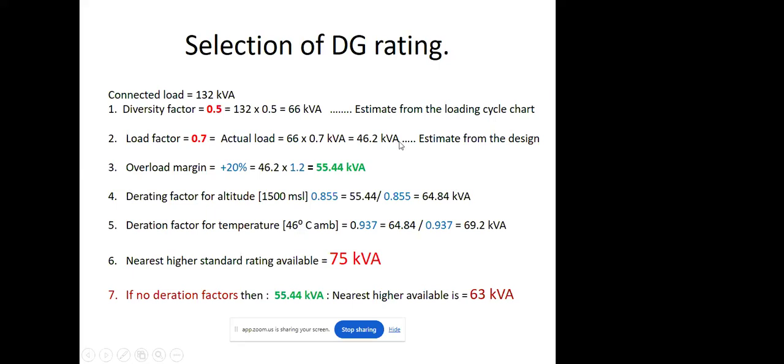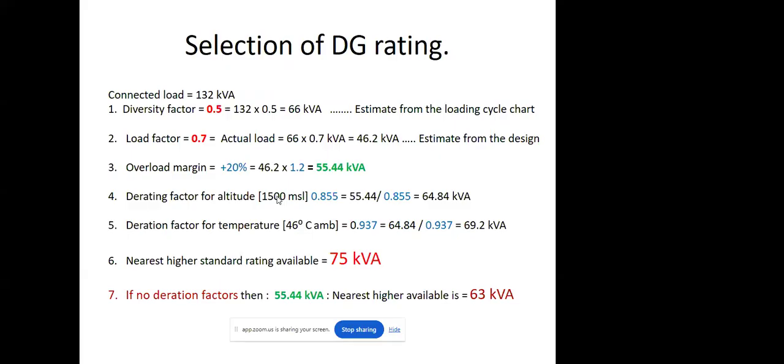Now we have to consider other factors. What is the overload margin, which is somewhere around 20%. So 46.2, 20% more, 55 kVA. But this generator is working at a 1500 meters mean sea level.